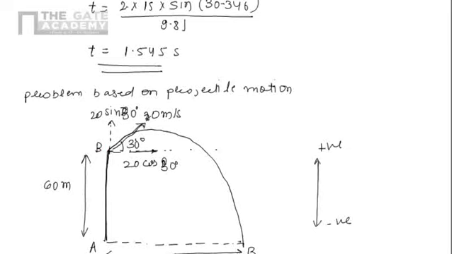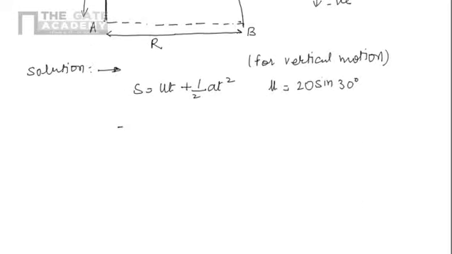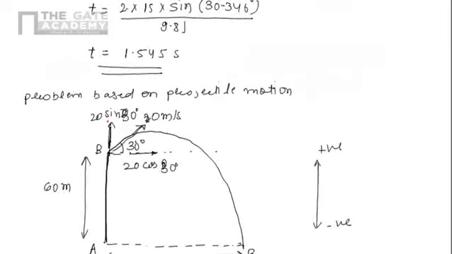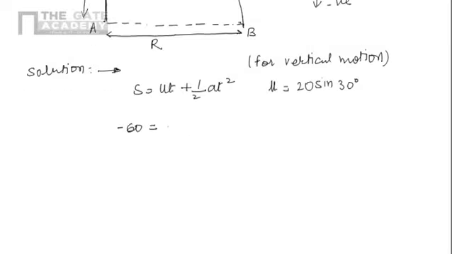The ball will travel the distance from B to A in the vertically downward direction, so negative, minus 60. U is in upward direction, so it is positive, plus 20 sine 30 into T, plus 1 by 2 into, it's a motion under gravity, so acceleration is g, and g is always acting downward, so negative, T square.